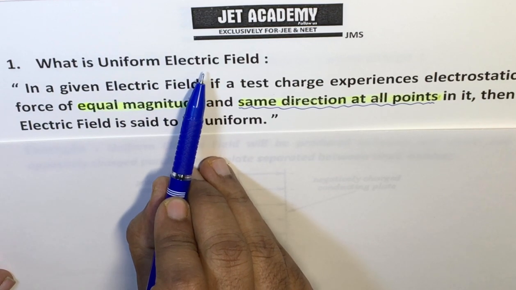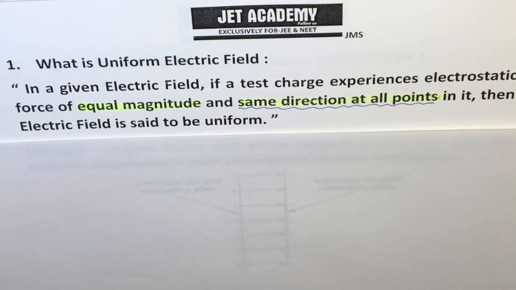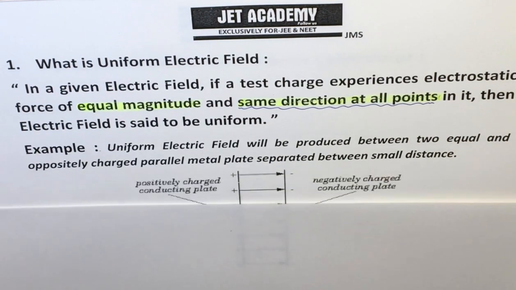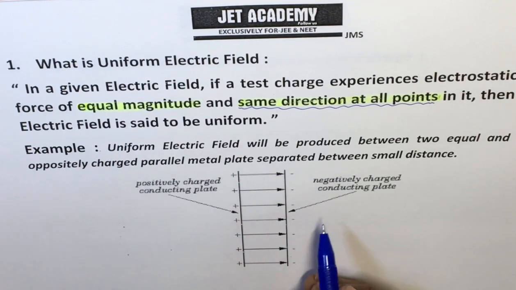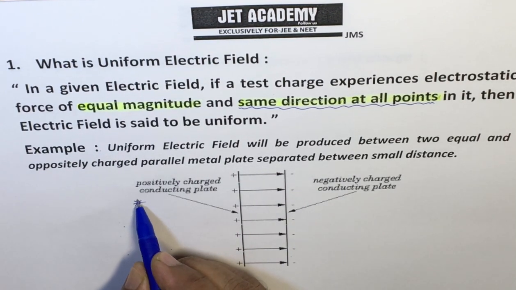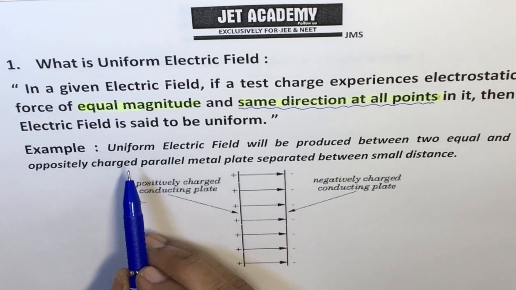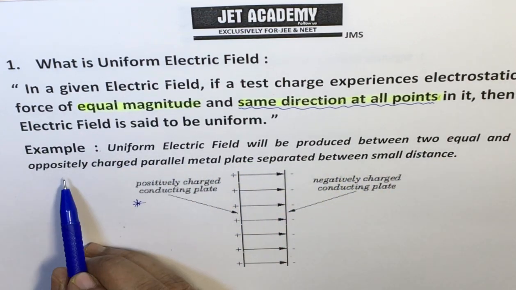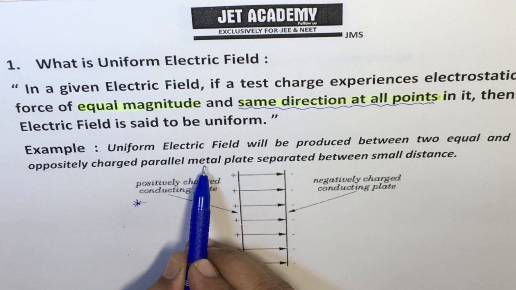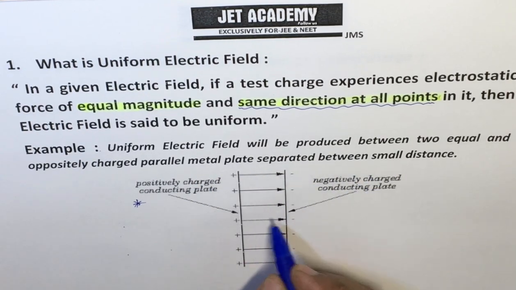And the example to obtain a uniform electric field is equally charged parallel plate conductors. Remember this exclusive situation where we can easily obtain a uniform electric field. A uniform electric field will be produced between two equal and oppositely charged parallel metal plates separated by a small distance.